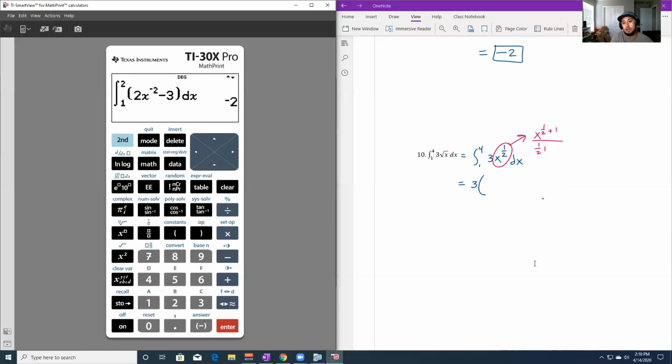There you go. x to the 1/2 plus 1 over 1/2 plus 1. Make those into common denominators of 2, and I get x to the 3/2 over 3/2. So this is coming back in here.